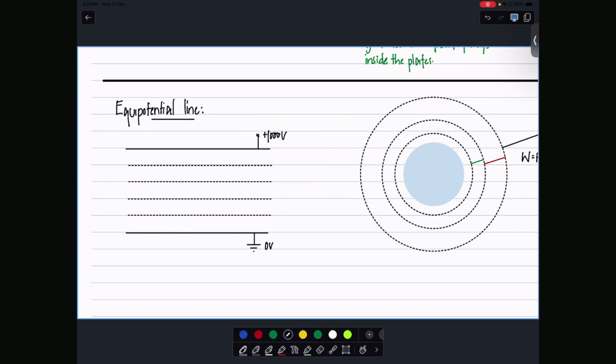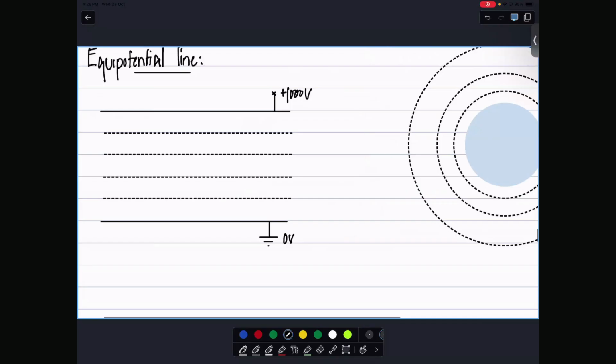Now, remember I told you that we need to take the potential difference and separation of the plates. I'm going to teach you why that is. So see what I'm going to do right now. This is 1000 volts, right? And there are lines that are equally dividing your voltage here. Can you tell me what the values should be for the lines here? How do you equally divide 1000 into these many lines? 200 or 250? 250.